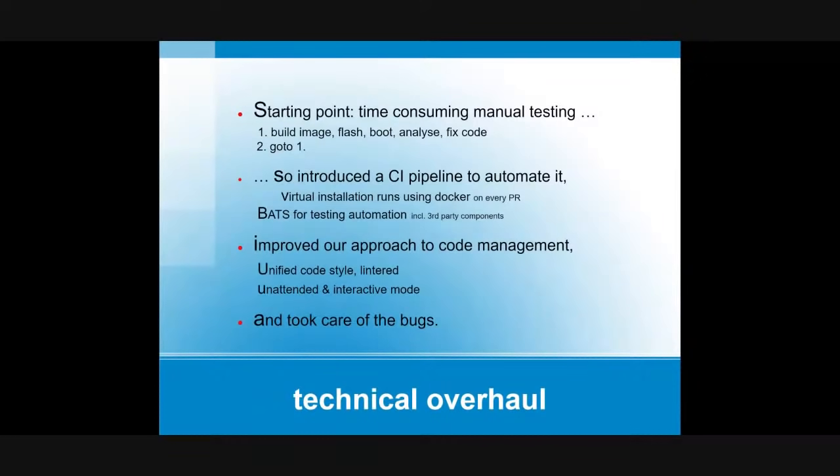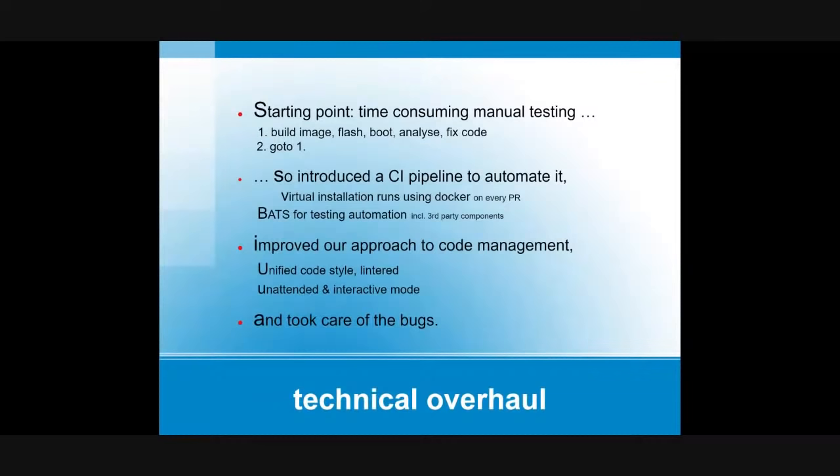So what I did first was to introduce a continuous integration pipeline. This was what I took on when I joined development. Now you can deploy this in the cloud, but just for test purposes.